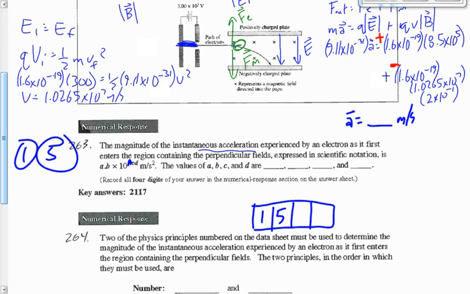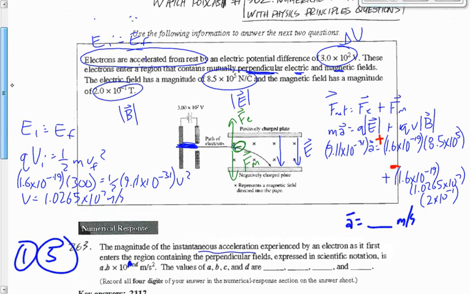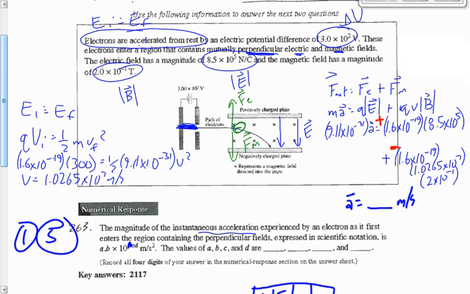Now here's why I like this question. Even though 263 is, I think, a pretty challenging question, for 264, let's assume for a second that once we read through this and circled all those things that we circled in that paragraph, we didn't really know where to go with it. We were at a loss. It's just like, oh man, I can't get this. We can still get 264 right.